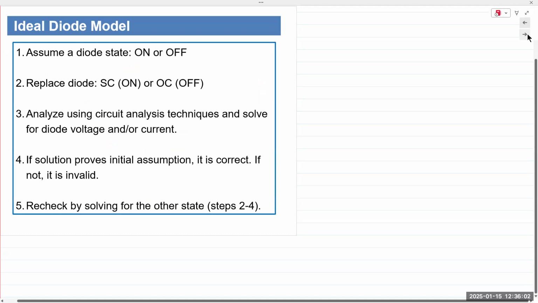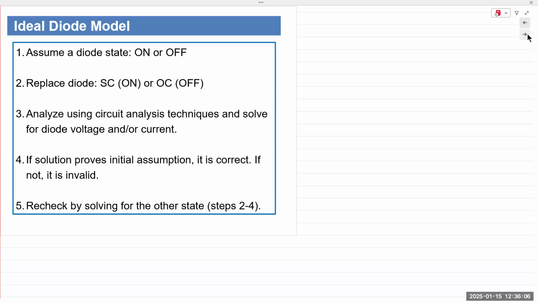So in an ideal diode model, what you would do is you would first assume a diode state. At the beginning, when you make these assumptions, those assumptions should be based on logic. If you're applying 10 volts to the anode and 5 volts to the cathode, is the diode on or off?